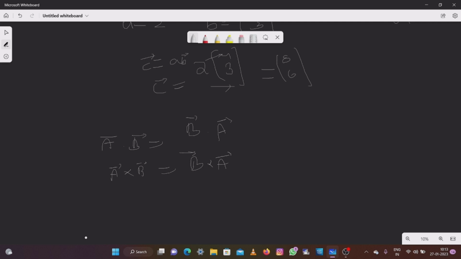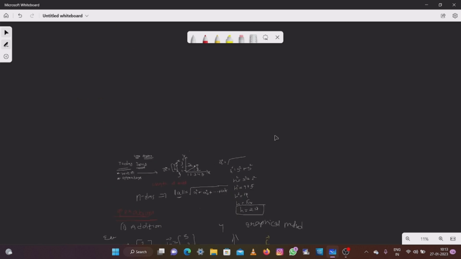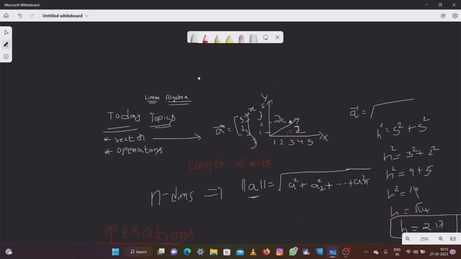And we can multiply in n dimensions. Previously I discussed the n-dimensional methods; here I have given a 2D example. And we can perform the operations in 3D also, like a equals 3 2 1, where 3 is x, 2 is y, and 1 is z.